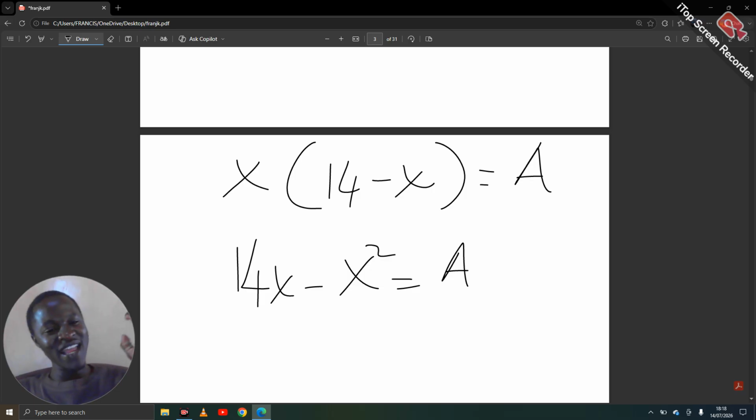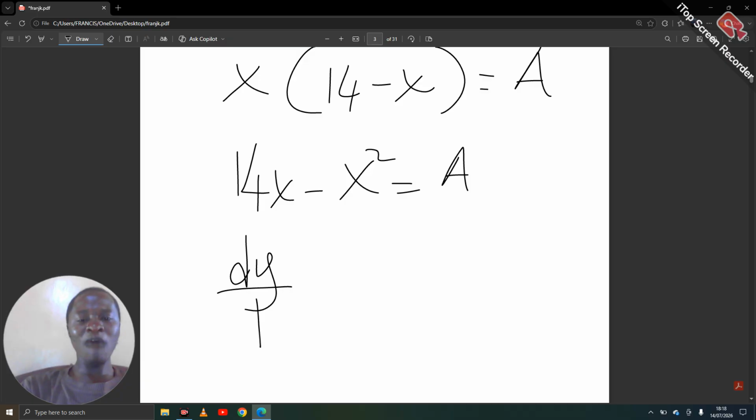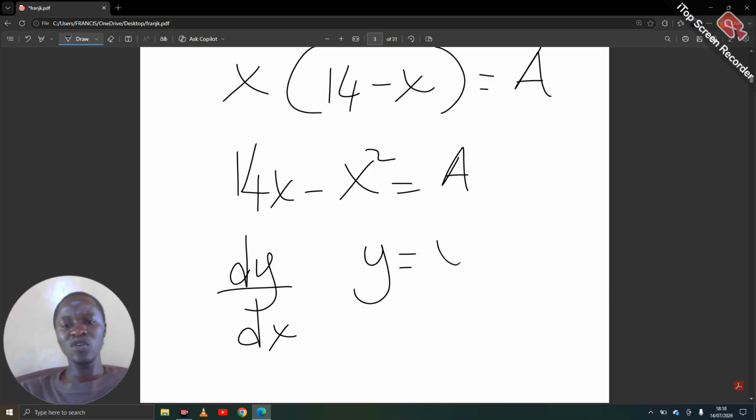Remember, we are dealing with calculus and we want to get the dimension. For us to get the dimension, we must differentiate. The main reason why we were having dy over dx is because we were differentiating y. Remember, when y is equal to x squared plus bx, we are differentiating y.